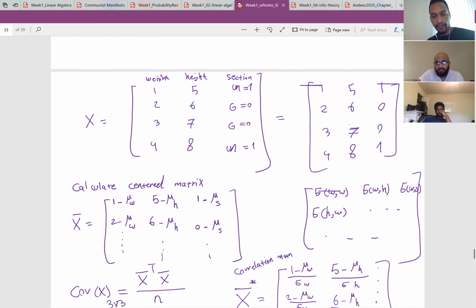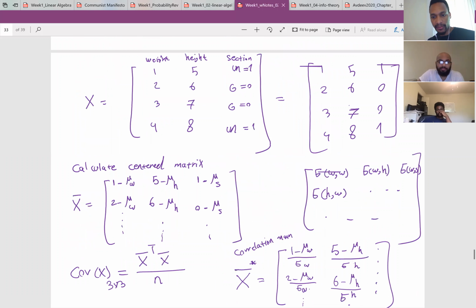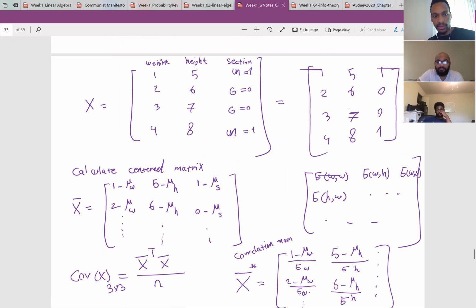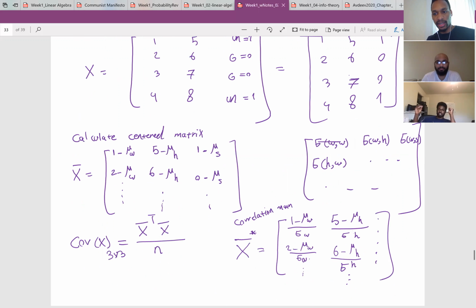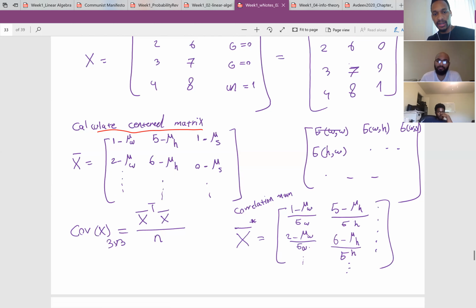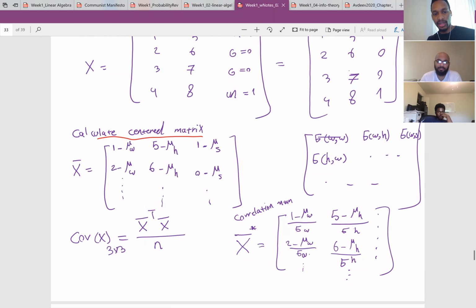For an example of that, he makes some example matrix with some data in it. You have the weights and heights of people in different sections, and you calculate some centered matrix where you're using the mean of the weight, the mean of the height, and the mean of the sections.